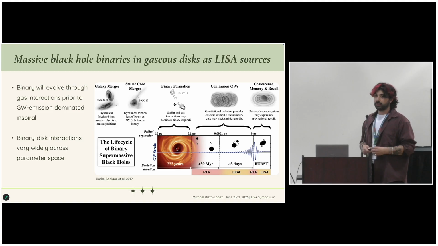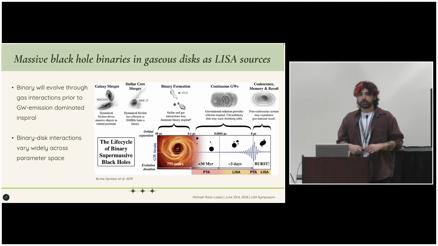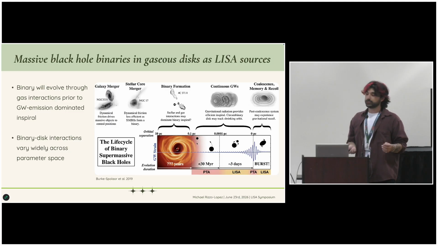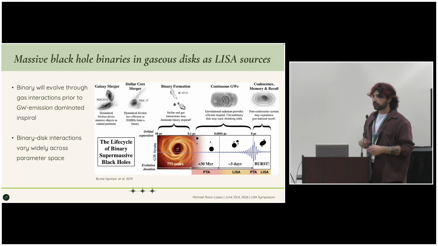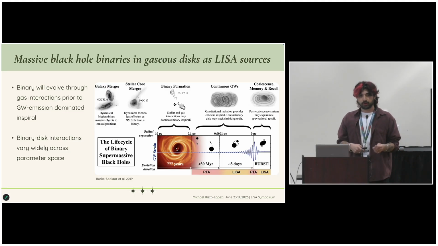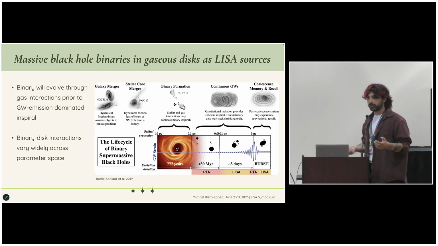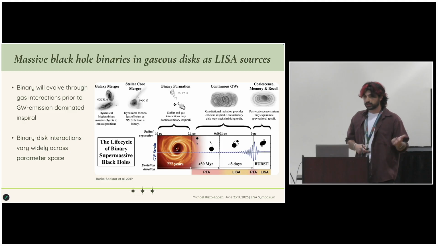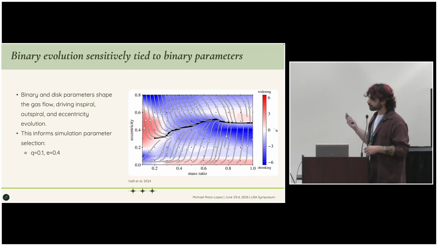Typically, these environments will have a reservoir of gas at the center, through which our binary will evolve via interactions with the gaseous accretion disk. These interactions can also vary widely based on our assumptions of the thermodynamics of the accretion disk, and also binary parameters. This can change things like timescales and what we expect to see.